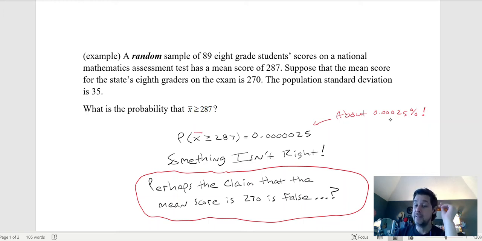It's exceedingly unlikely. So I'd say, well, something's not right. And I have no way to know what it is if this was just the information that I was given. But the fact that you got a sample with a mean score of 287, that high, where the probability that it is that high or higher than that is this small, practically zero chance number, something's not right.